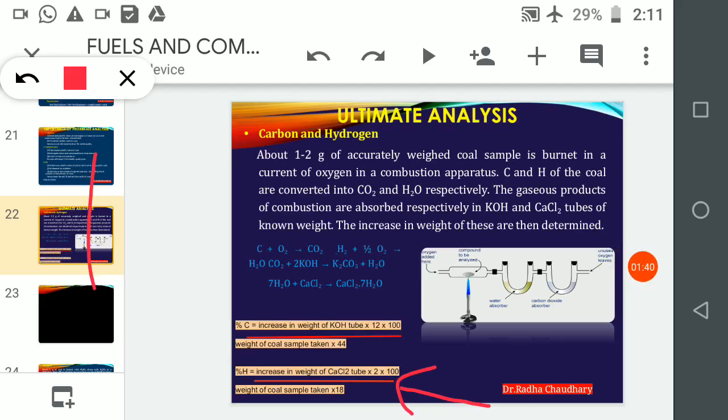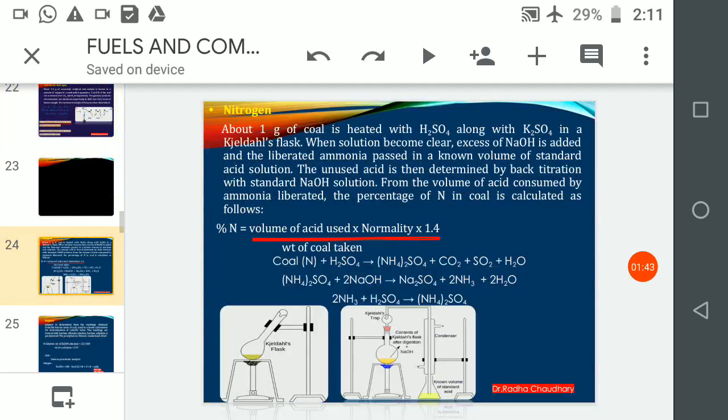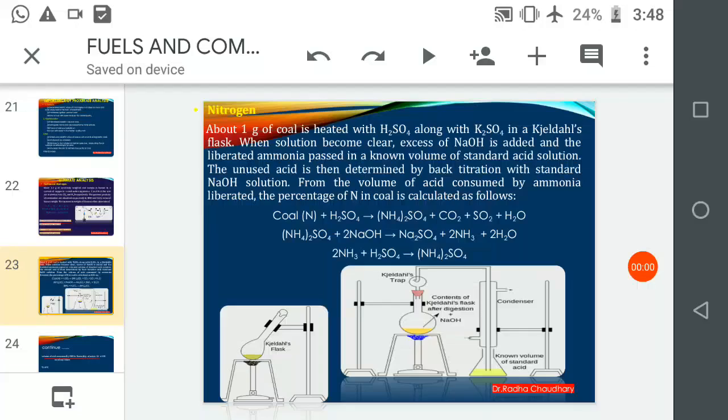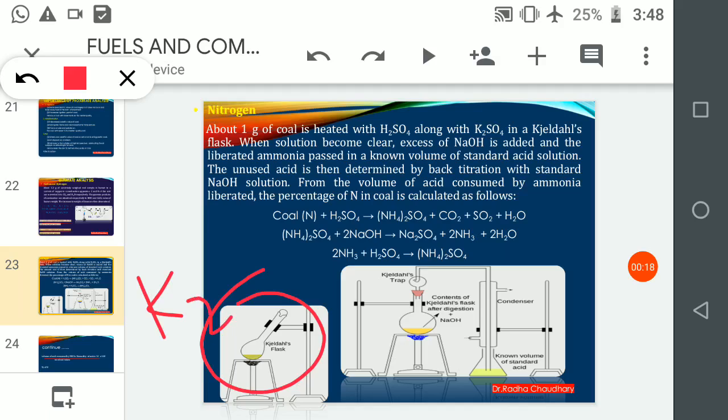Then next is nitrogen. Estimation of nitrogen. In this method, approximately 1 gram of accurately weighed powdered coal is heated with concentrated H2SO4 along with the catalyst potassium sulfate and copper sulfate in a long necked Kjeldahl flask.